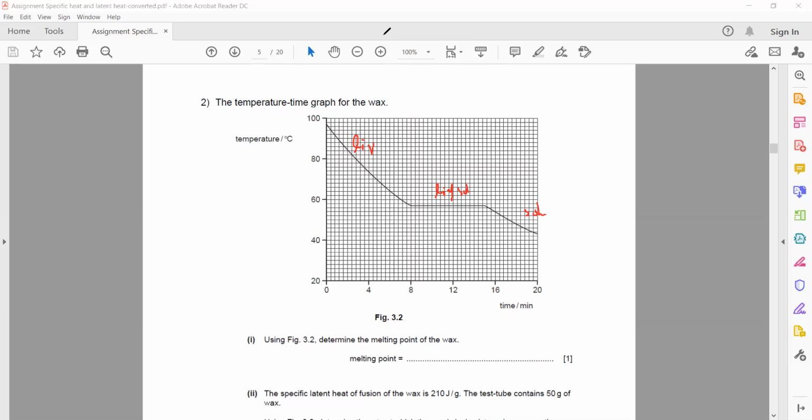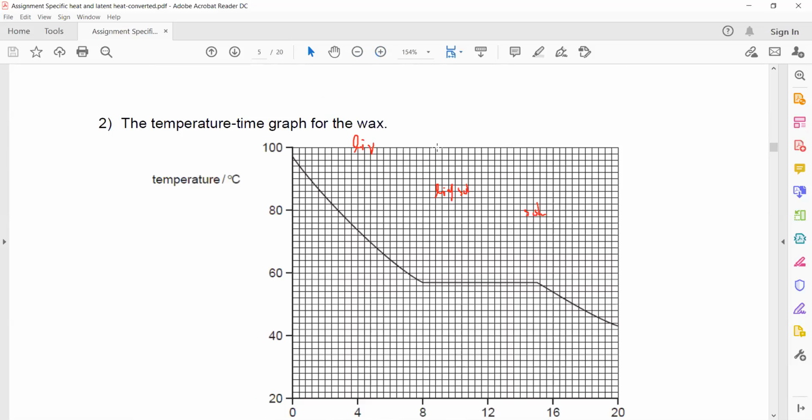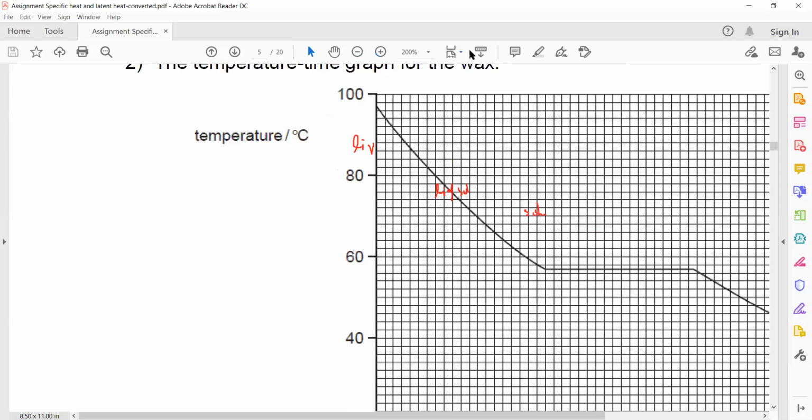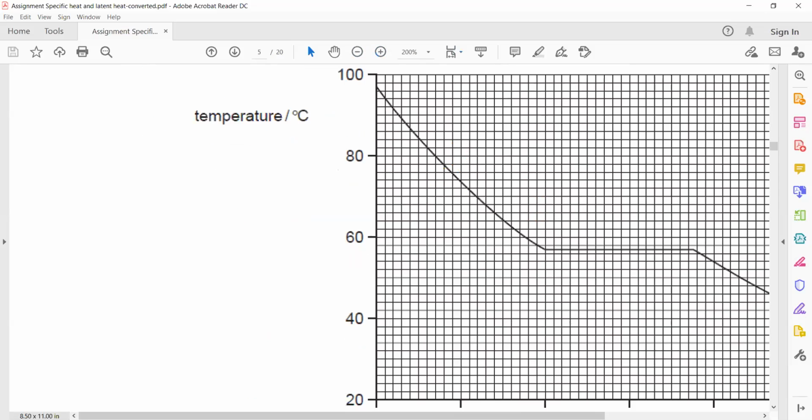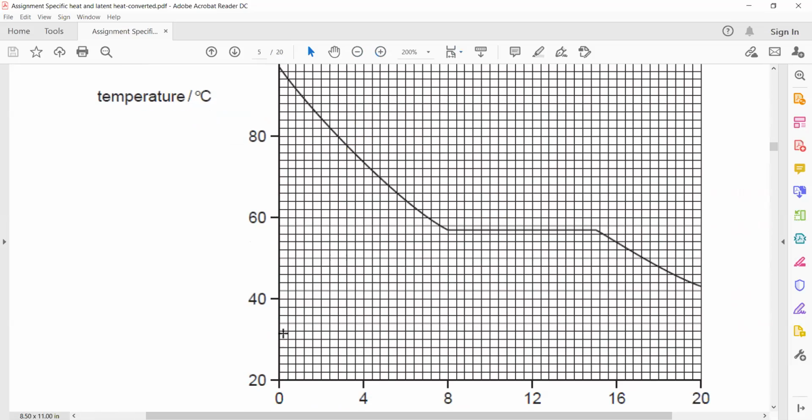So when we work this out, if I zoom into this graph, when the temperature is constant, there is a change in state. So when we find this temperature, when it is constant, there is a change in state.